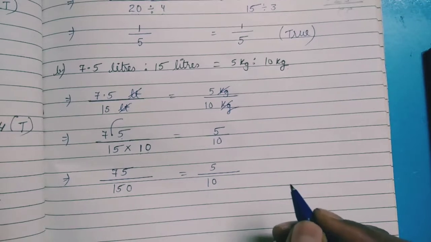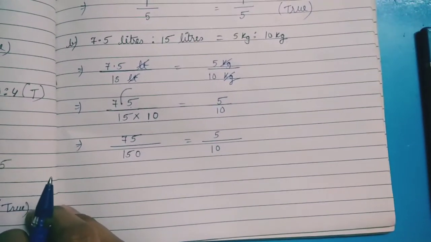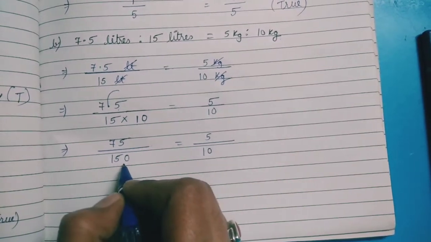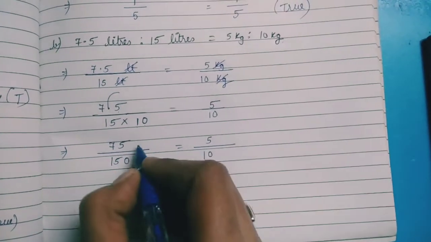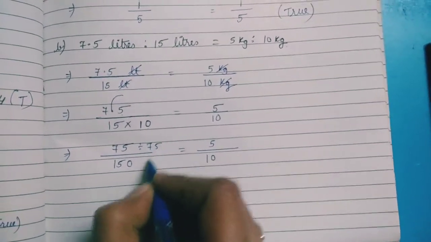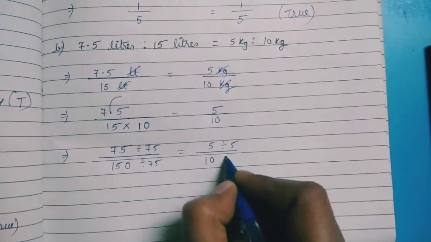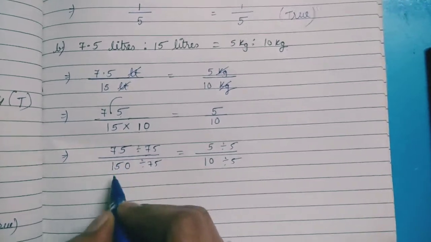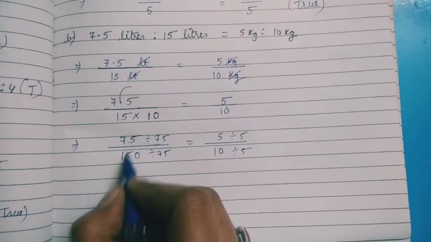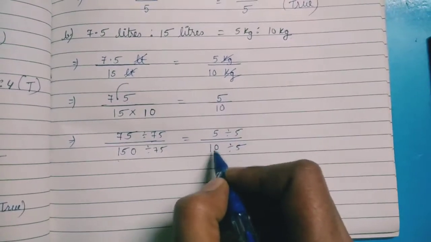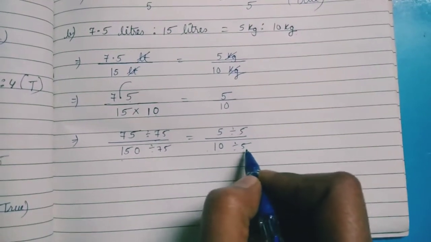You can simply see 75 and 150 can both be easily divided by 75, directly from the table of 75, and here 5 and 10 can both be easily divided by 5.